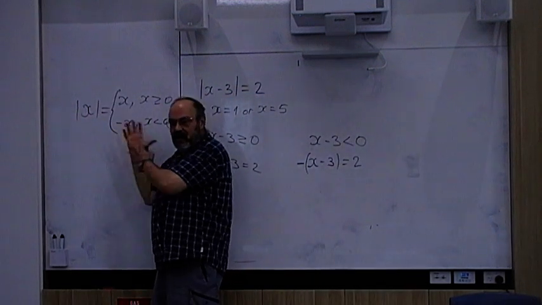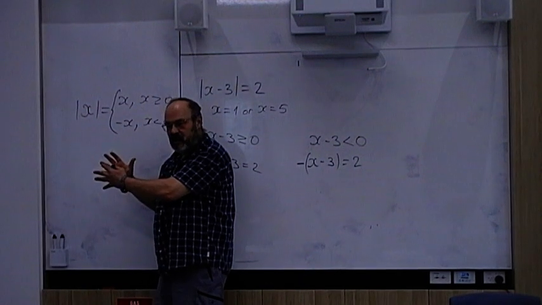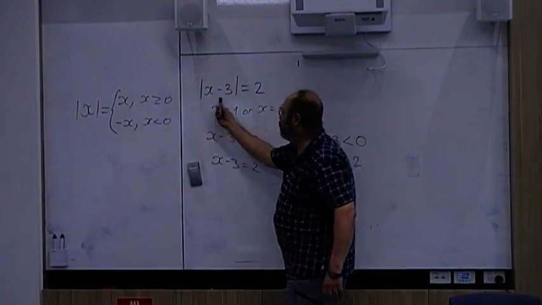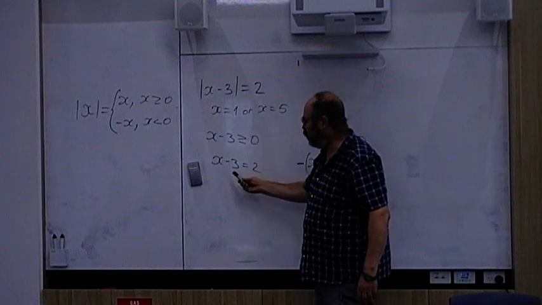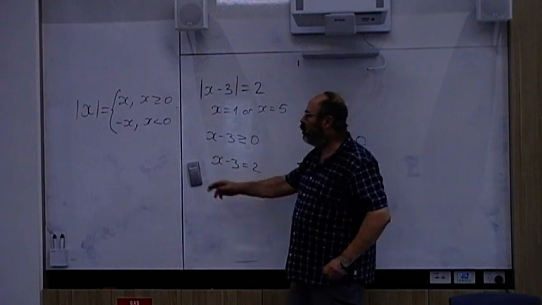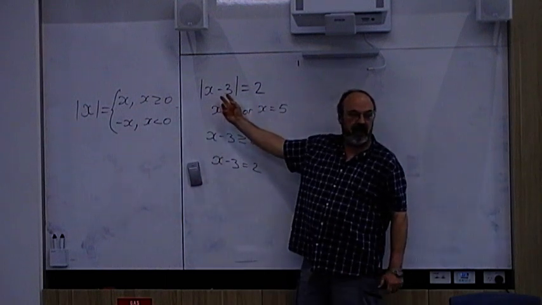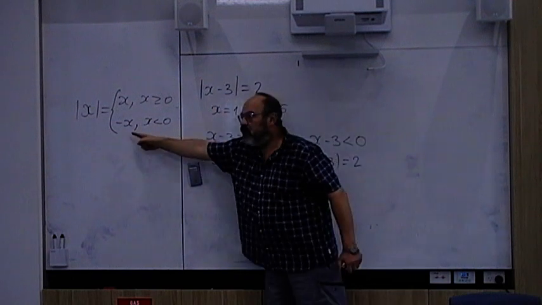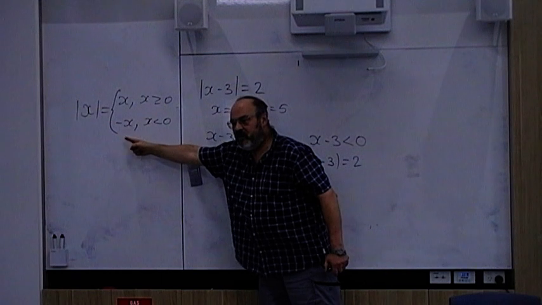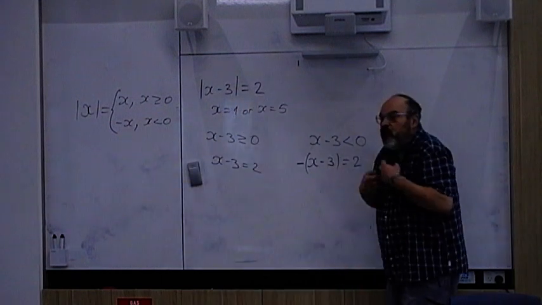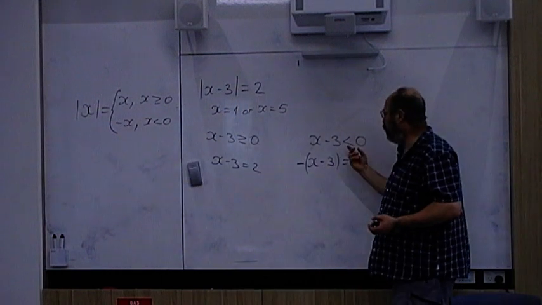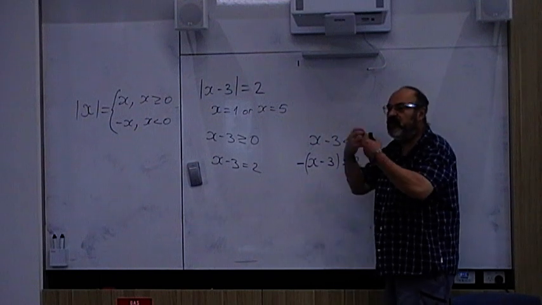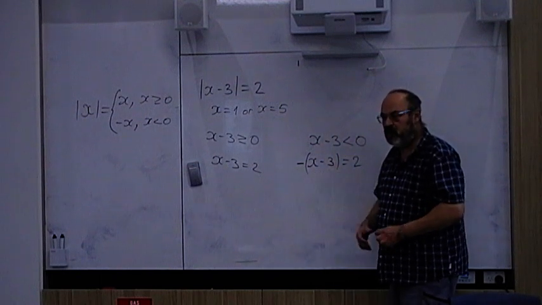We have x minus 3 equals 2. But when the expression inside the modulus is negative, we need to switch the sign to the opposite, because we want to make it positive. If x minus 3 is negative, I make it positive the same way, we put minus at the front.